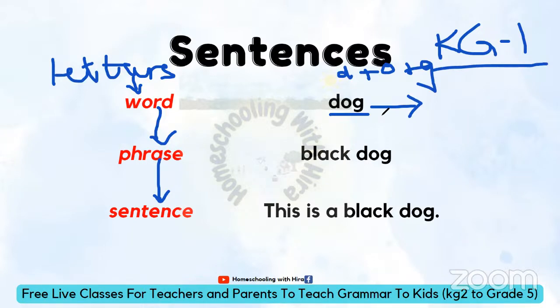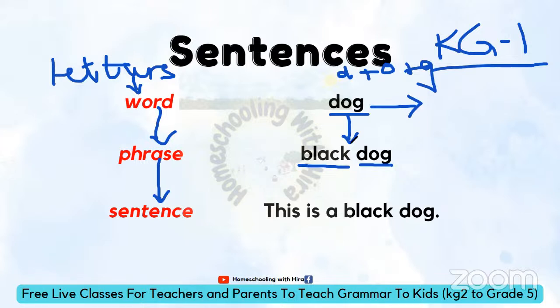If I say dog, everybody will understand the meaning of this word. Then dog will change into black dog. I have added a word to describe dog, but it is not a sentence. It's not giving any proper sense. Black dog, okay, black dog, what then?